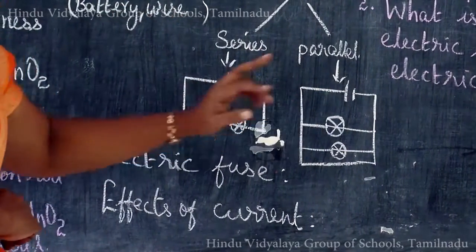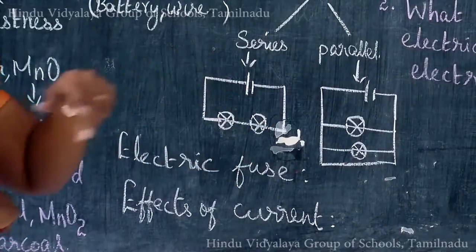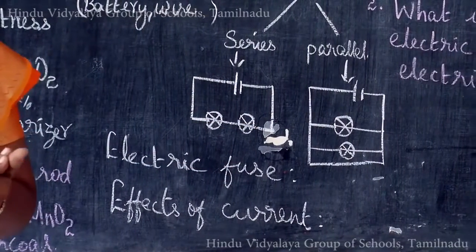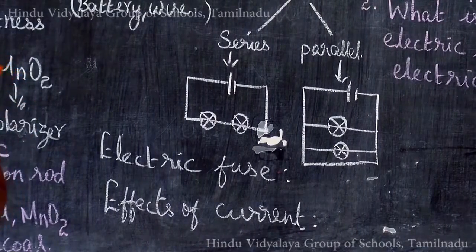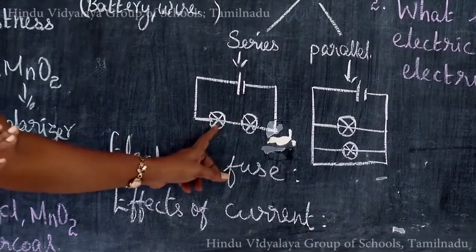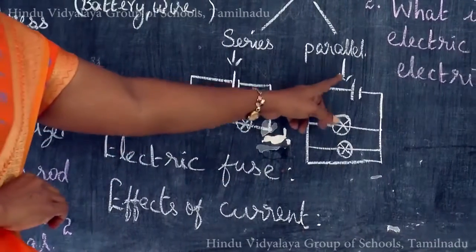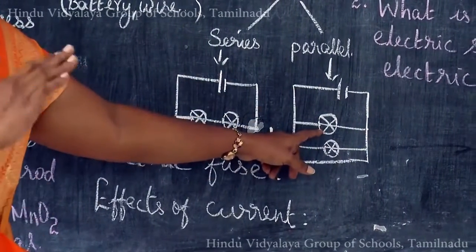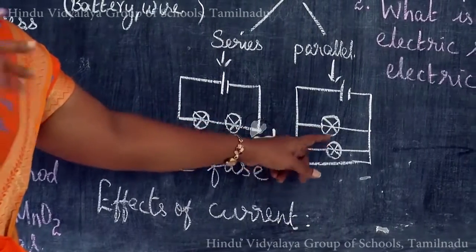But in a series circuit, it flows through a single closed path. And also in a series circuit, the brightness of the bulbs is not the same. The brightness of the first bulb and second bulb are different. But in a parallel circuit, power is equally shared and the brightness of the bulbs remains the same.